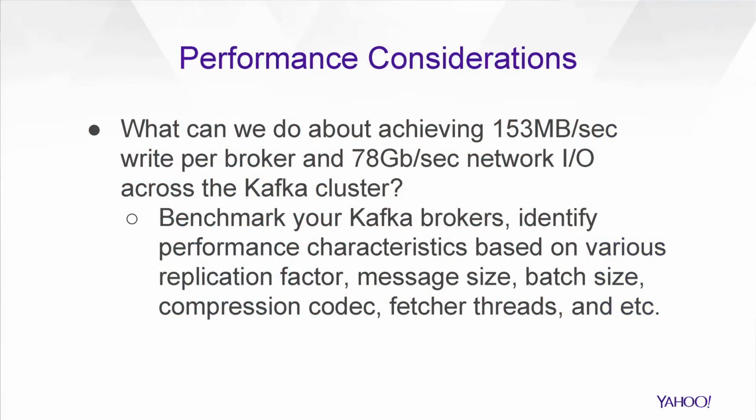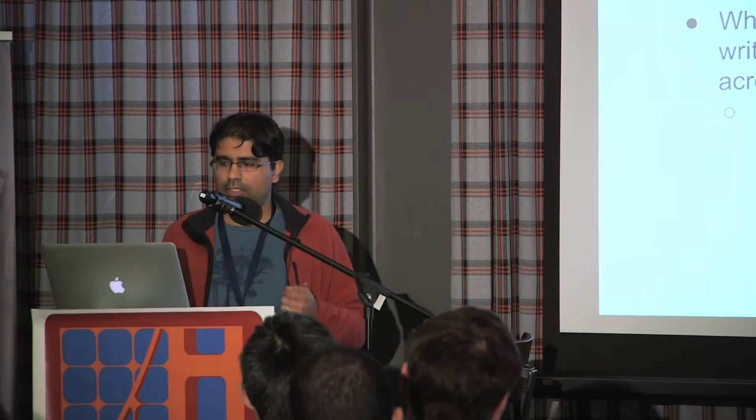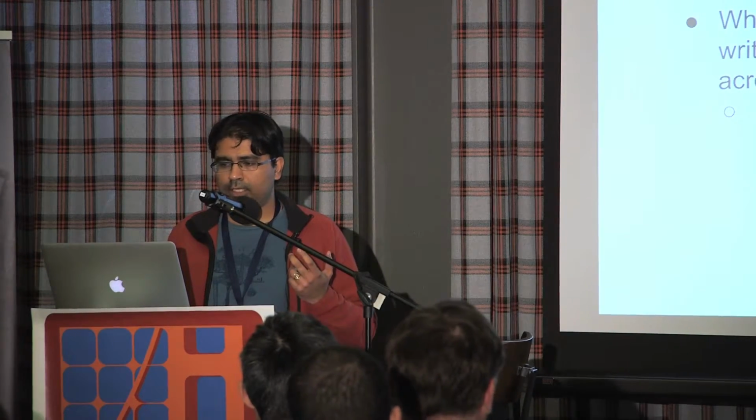So what can we really do about achieving this level of disk and network I/O across the Kafka cluster? One of the things we started with was to start benchmarking, of course. We needed to identify the performance characteristics based on various configurations of replication, message size, and compression codecs.